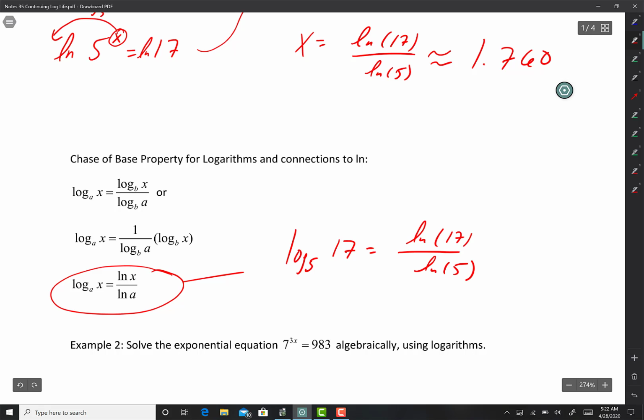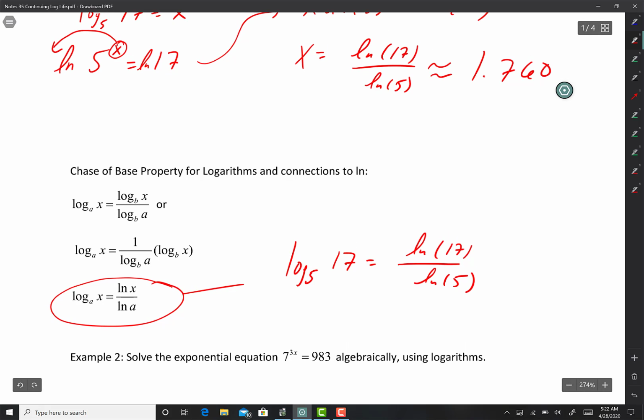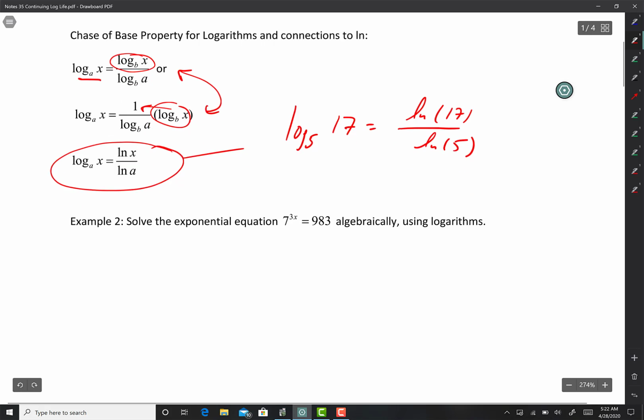And you could have been done immediately. This is called your change of base property because you can change to any base, as you can see here. And these two really are the same. It's just that this one does 1 over log base b of a times log base b of x, which is really just the numerator there, see? So they're the same. All right, guys, let's continue.